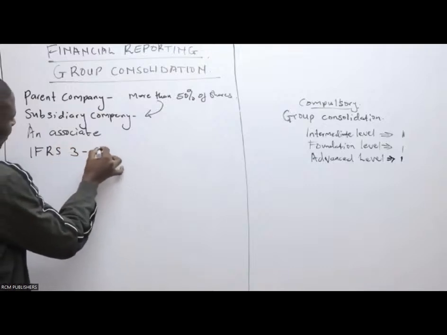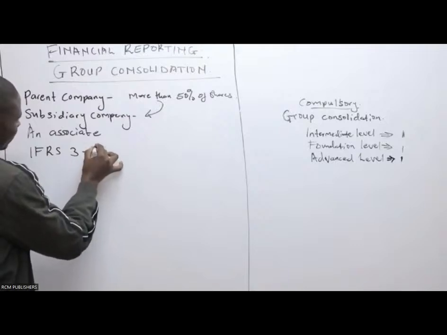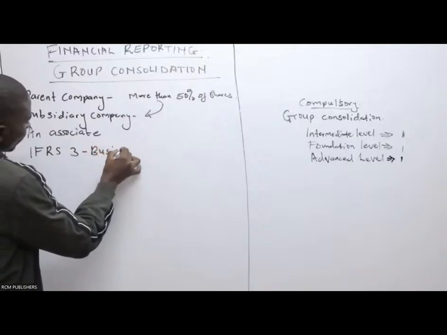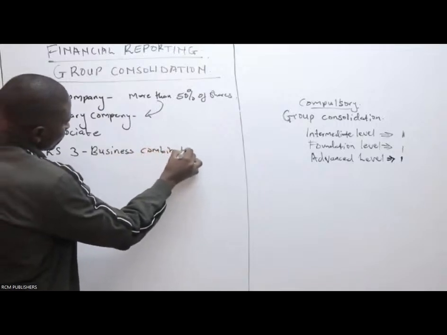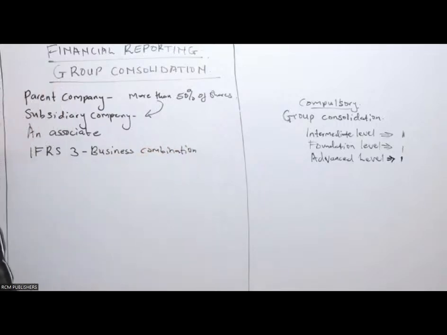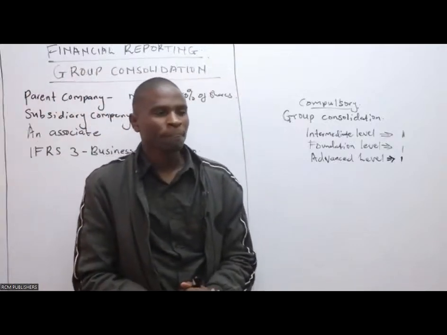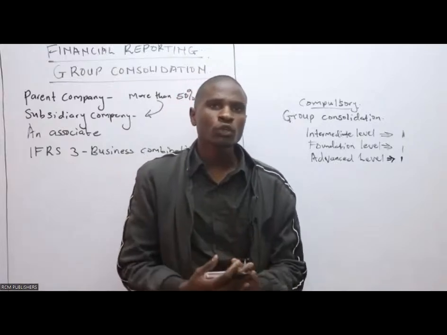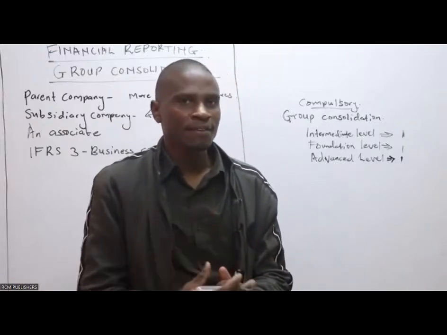This deals with group business combination, IFRS 3. Now, at the group consolidation, there are major things that you need to identify.